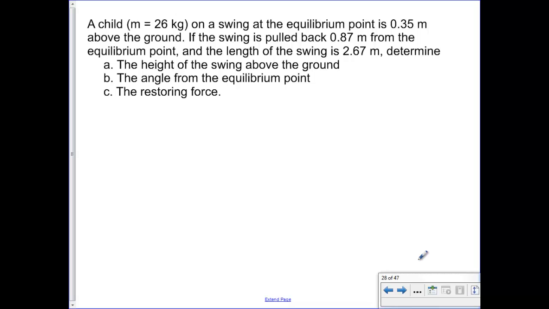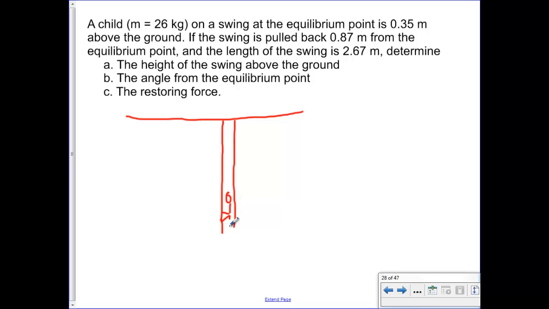Okay, another example. Swings are great examples for pendulums. So Keynesian is on a swing, and the equilibrium position is 0.35 meters above the ground. You're going to want a diagram for this one. So top of swing, swing, so I can draw it like this here.